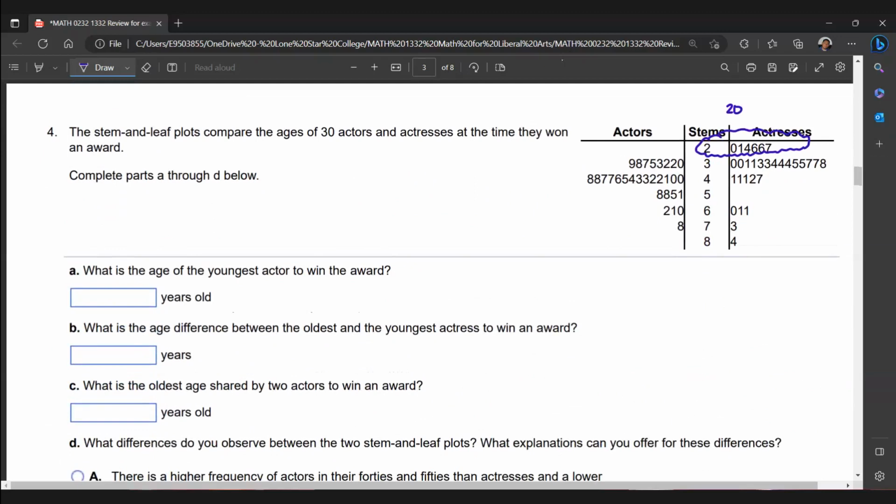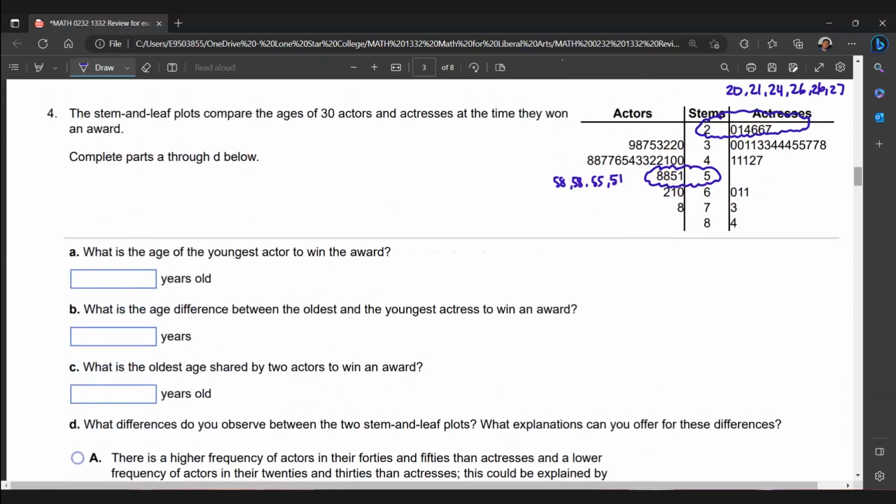So there is an age of 20, there is an age of 21, there is an age of 24, there are 2 ages of 26, and there's one age of 27. For this stem and this leaf, there's an age of 51, there's an age of 55, there are 2 ages of 58. Okay. All right.